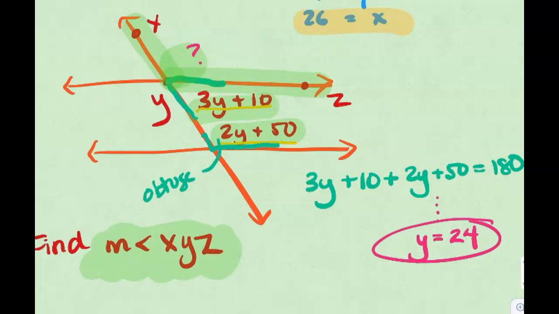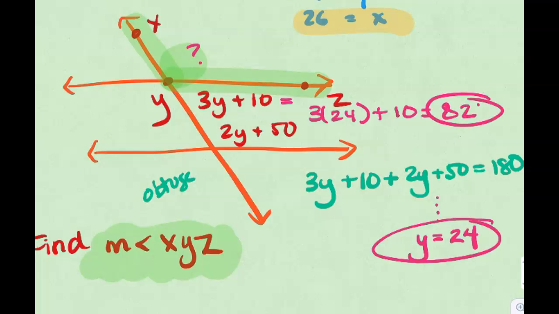Well, we know what y is, so we can go back. Sorry, I have to get rid of all these extra lines. And we can substitute in. So 3, I don't think I should remove that, but I'm going to. Nope, it won't let me. So 3 times 24 plus 10. Little quick math there, that should be 82 degrees.